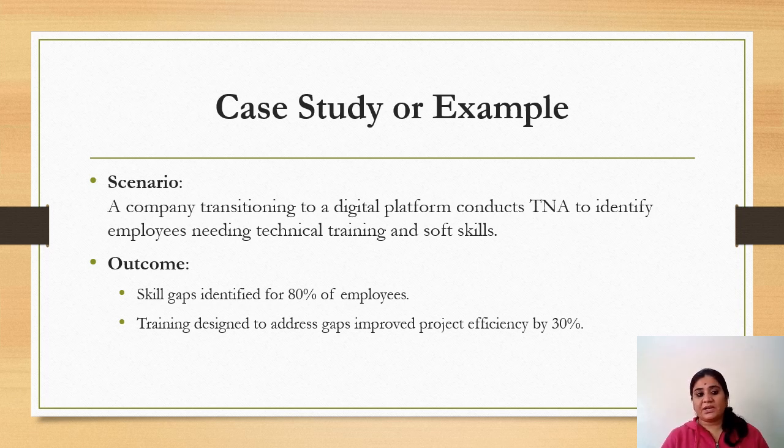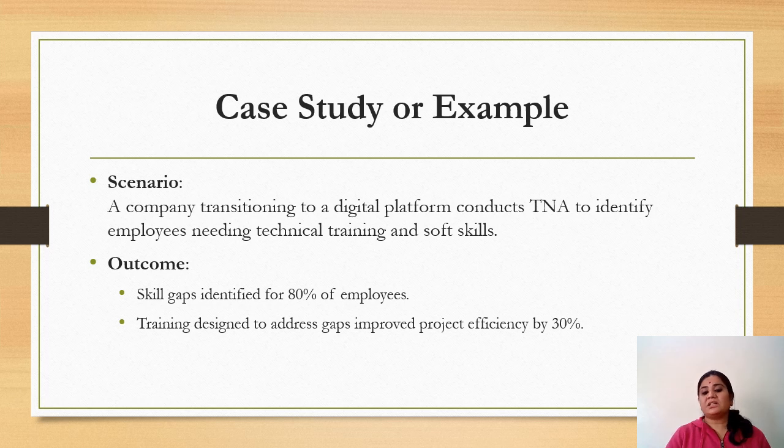Then I would like to give an example. Say there's a scenario where a company transitions to a digital platform and conducts TNA to identify employees who require technical training, for example learning new software, or soft skills training, for example communication and leadership.